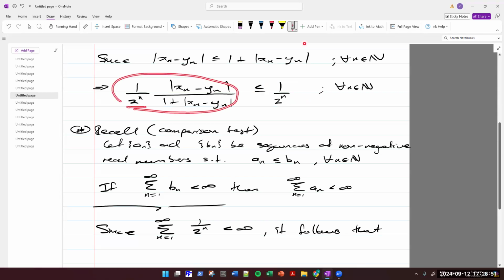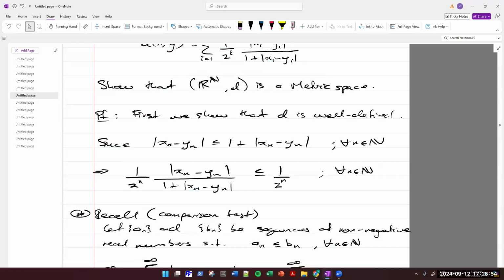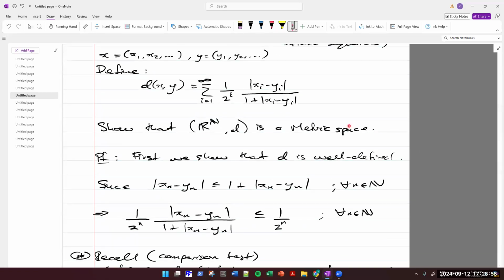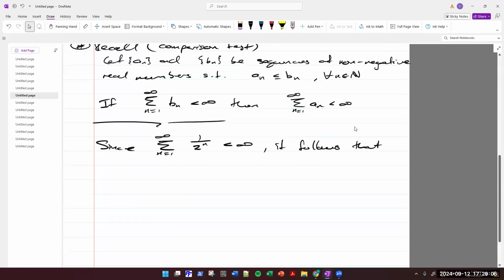But what is that? That is just the metric that we defined earlier. If I sum over here, that is just this metric. Again, it doesn't matter if you use I or N, same thing. It's a dummy index. So it follows that this one, 1 over 2 to the n, what was it? It was |x_n minus y_n| all over 1 plus that.